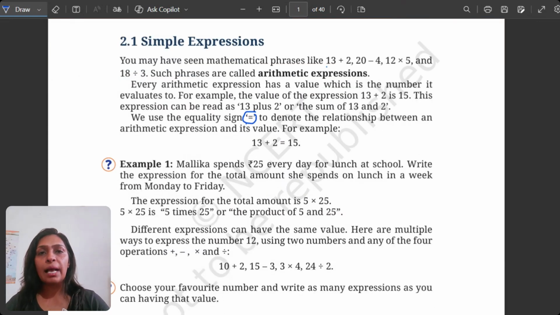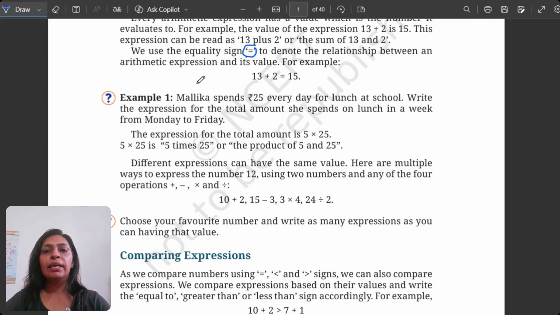Let's understand example number 1. Malika spends rupees 25 every day for lunch at school. Write the expression for the total amount she spends on lunch in a week from Monday to Friday. Every day she spends 25 rupees, and from Monday to Friday there are a total of 5 days.